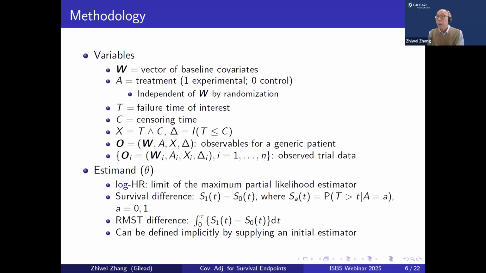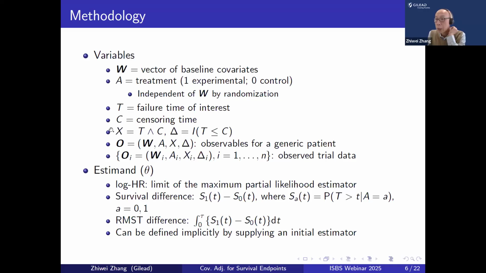Let me start by introducing some basic notations. So W is a vector of baseline covariates, and A is a treatment indicator. Randomization implies that A is independent of W. T is a failure time of interest, and C is censoring time.